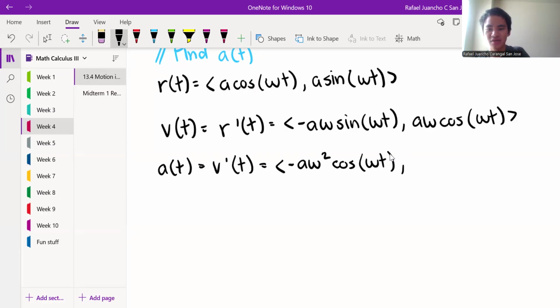And then this one, again, I get my a omega. Now this is a negative because derivative of cosine is sine, negative sine. So we get negative a omega sine. And I think this is another chain rule that we have to follow. So we have omega squared there. Okay. So we notice that, well, now we have it.